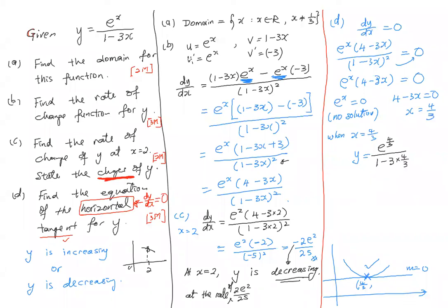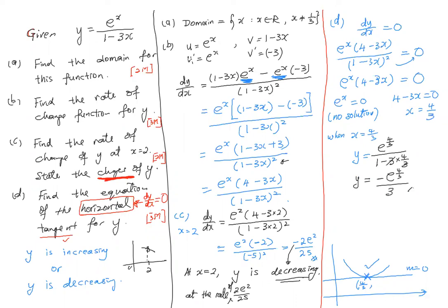Right? So your y coordinate will be negative e to the power of 4/3 divided by 3, because 1 minus 4 is minus 3, correct?